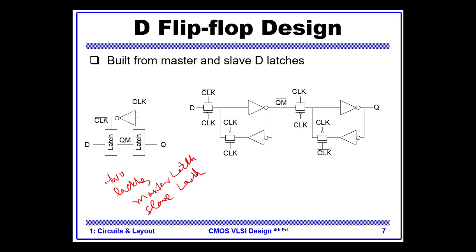So this is called the master-slave configuration. Okay, so one is master, the other is slave, and you see the clock signal goes to one uninverted and to the other as inverted.